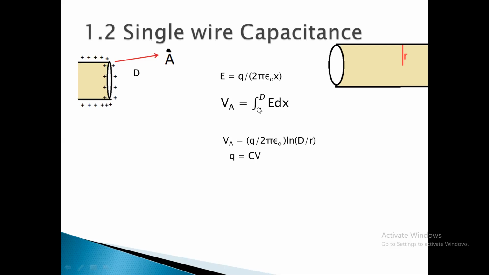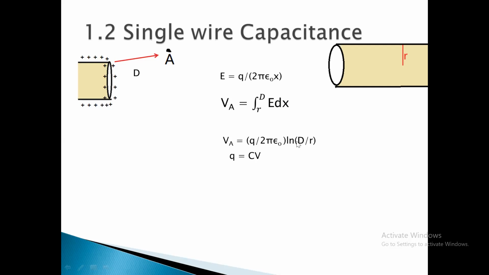The integration of 1/X is natural log of X. So upper limit minus lower limit: natural log of D minus natural log of R. So I can write D divided by R.